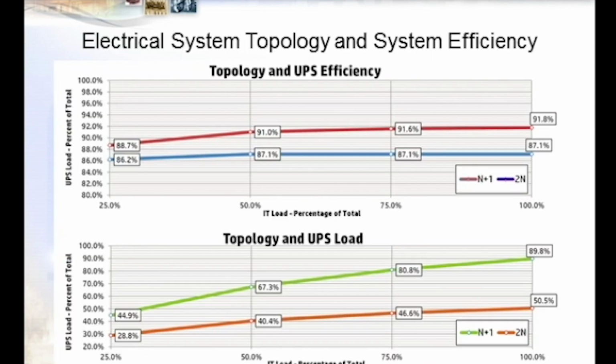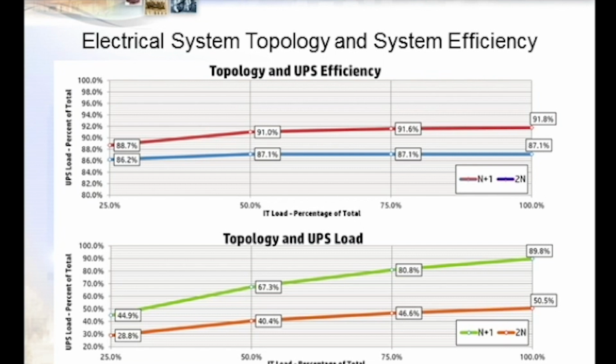If we combine the thoughts of reliability and efficiency and percent loading, we come up with these two charts. The top one looks at the N+1 and 2N topologies in a UPS system. What we're trying to demonstrate is that in a 2N system, we might have slightly higher losses or lower efficiency over the span of the IT loading.